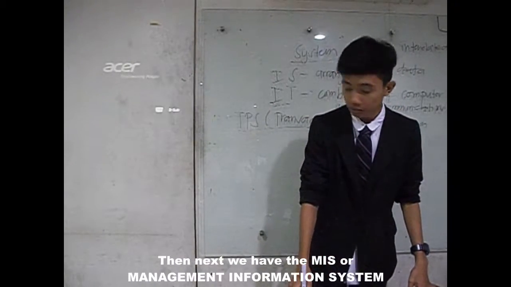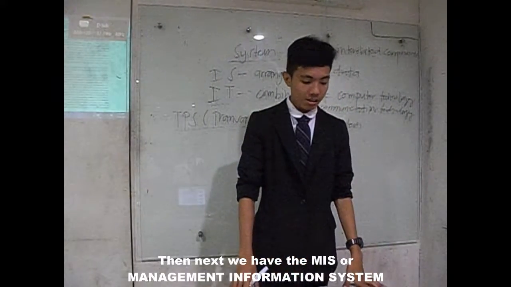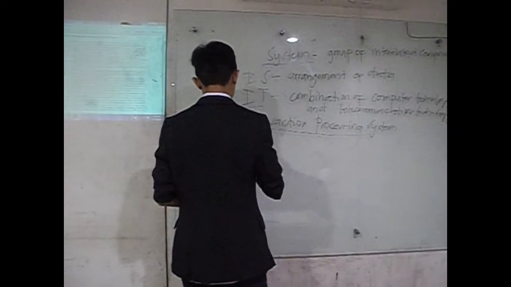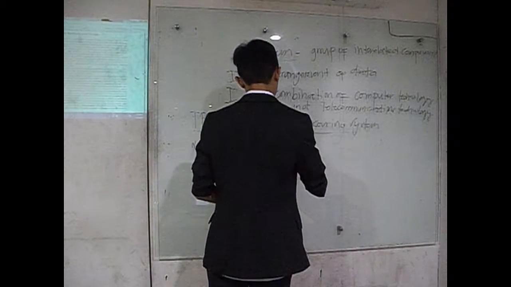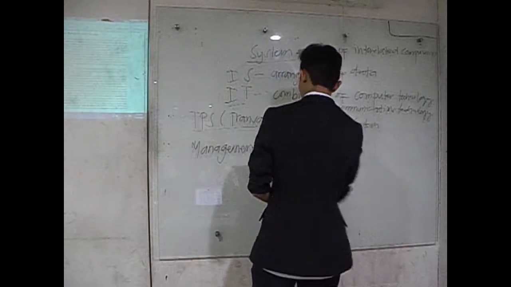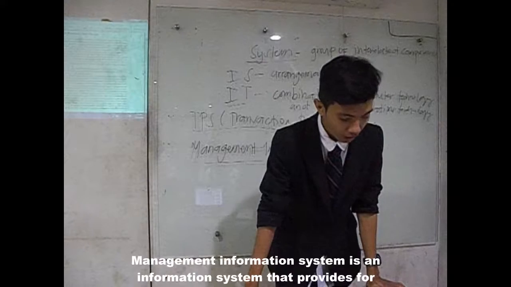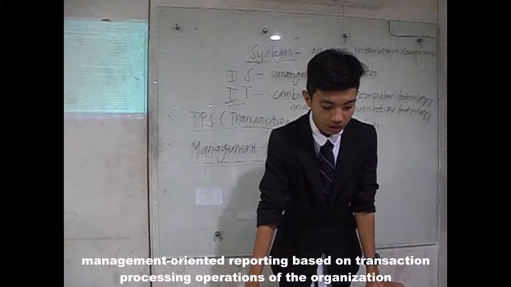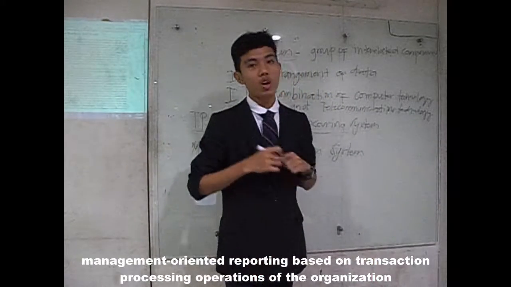Then next we have the MIS, or Management Information System. A Management Information System is an information system that provides management-oriented reporting based on transaction processing, operations, and organizations.